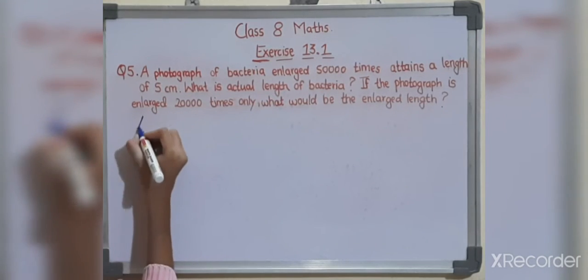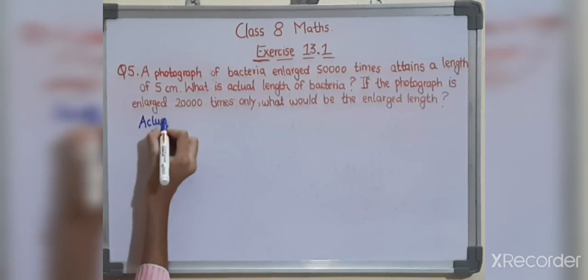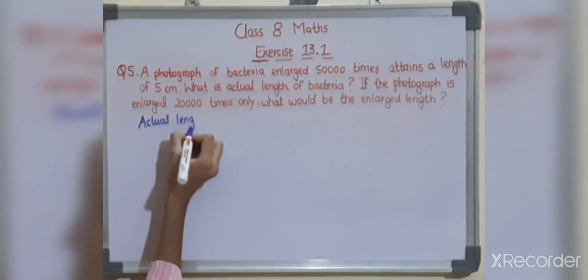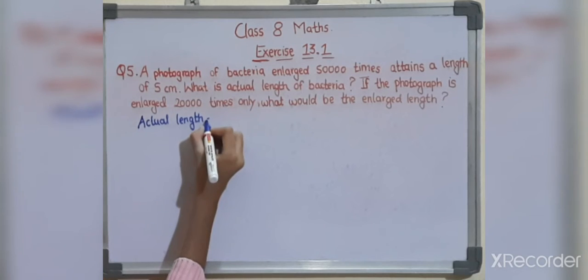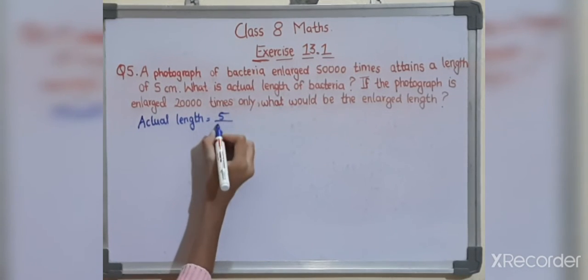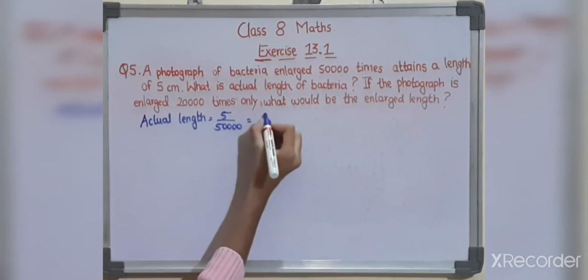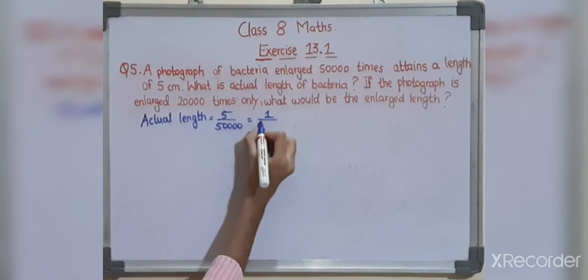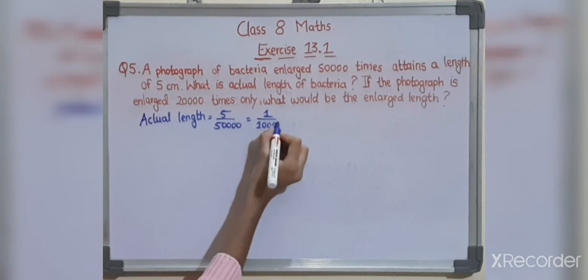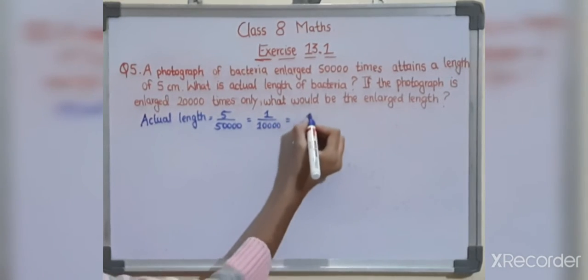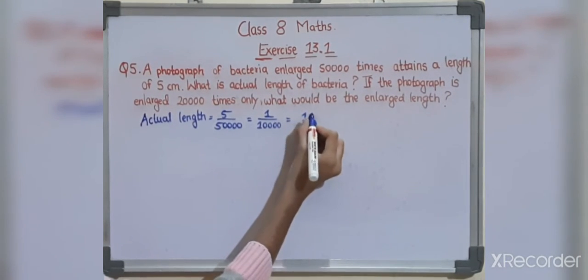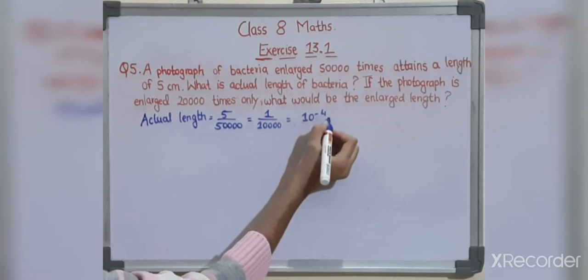So actual length is equal to 5 upon 50,000, which is equal to 1 upon 10,000. This can also be written as 10 raised to minus 4.